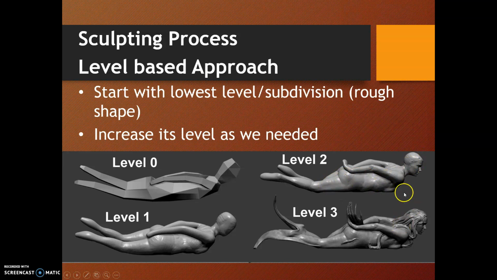Most students jump in right away from here, adding subdivisions, and end up with the sculpting looking crappy. This process you cannot skip. Just like drawing, you do the sketch, then you put in detail later. If you put in detail right away, you miss the bigger things like anatomy and proportion. Something you really need to keep in mind: always start with the rough shape first.